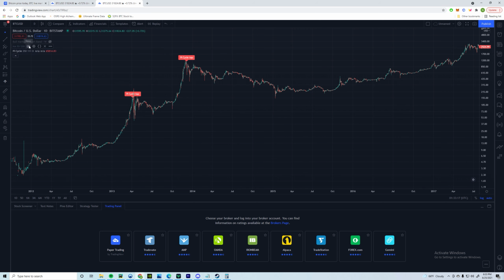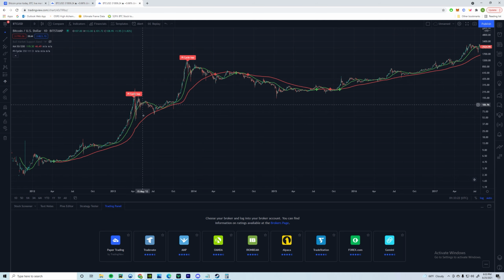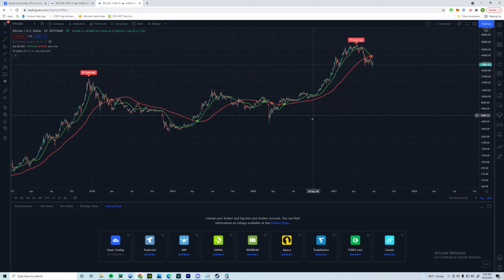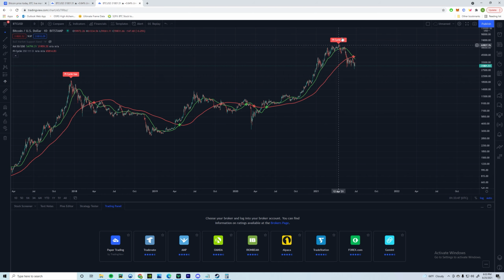So for example, if we were to put the 50 and 200-day moving average on top of this, we could see that we had our golden cross here in April and went up, and there was a Pi Cycle Top, but we never got a death cross through here, so we just kept trending upwards. And then the ultimate Pi Cycle Top was here. We got our death cross, and we trended down into the bear market. So it's always a good idea to use multiple indicators to confirm what you think is happening on the charts.